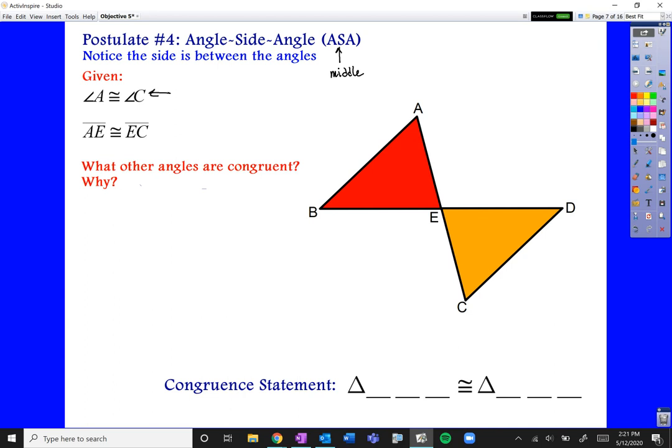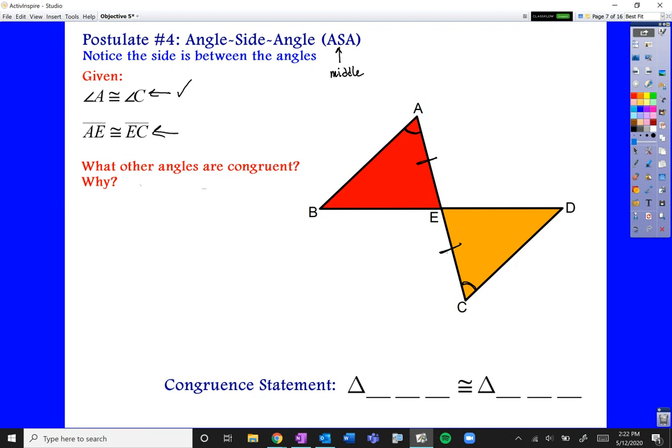Angle A is congruent to angle C, so we'll put an arc mark and an arc mark. Side AE, put a tick mark, is congruent to side EC, put a tick mark. But once again, we're only given 2 pieces of information.